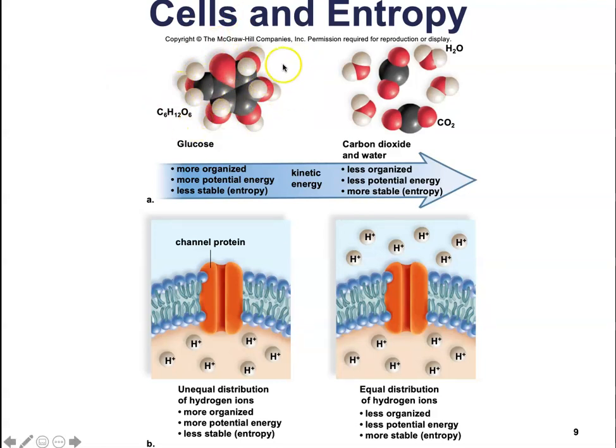It does not have as much entropy because it's more organized, but it's going to eventually be broken down and end up being more disorganized, and more stable. I guess the one analogy I usually use is if you think about your dorm room or your bedroom.